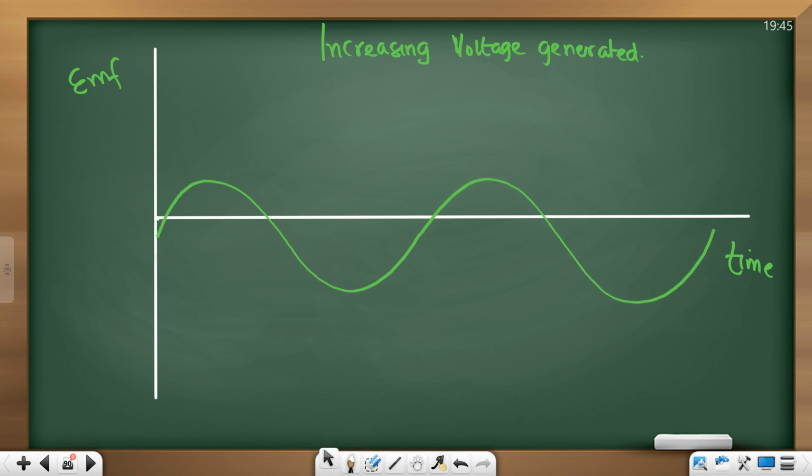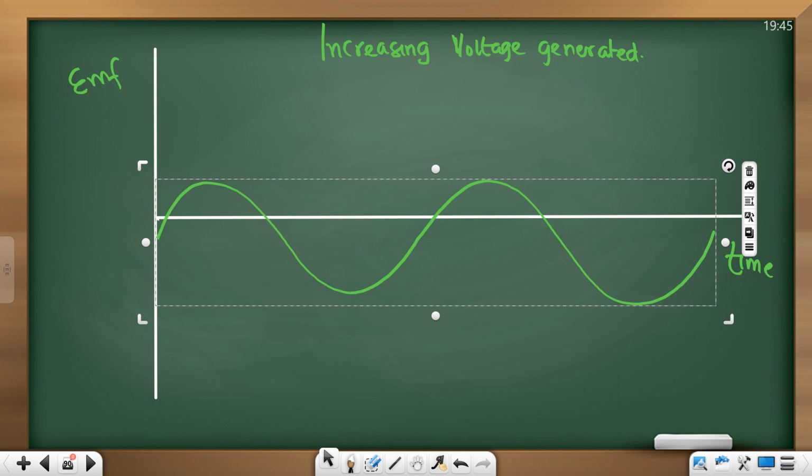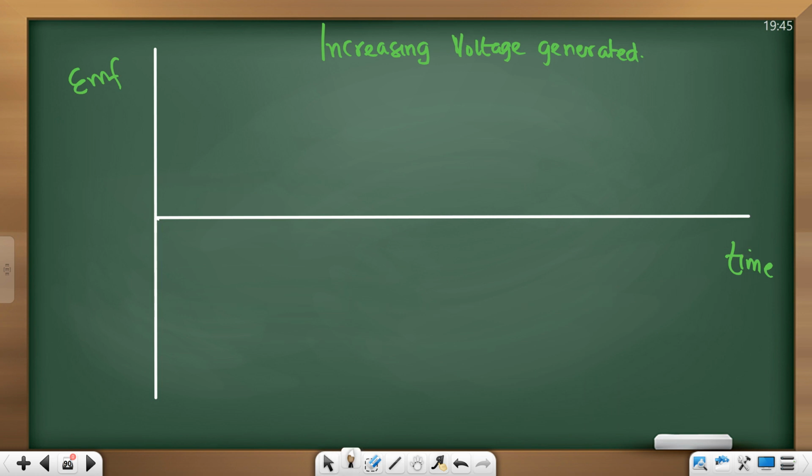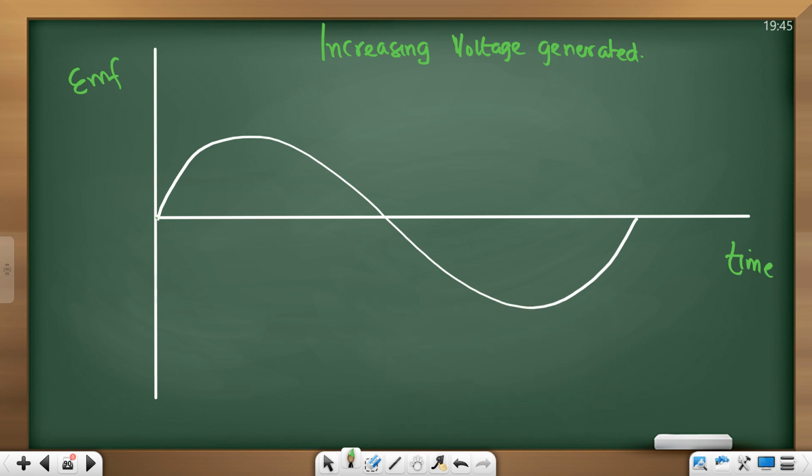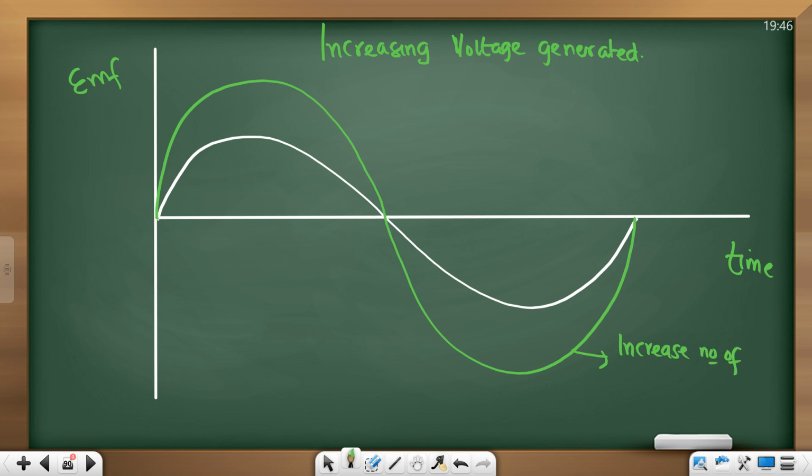Let me reduce this thing to make it easy for me. So I'm just going to get one AC graph. All right. Number 1, we increase. I'm going to label the graph for you. This graph would be representing increased number of turns on the coil.